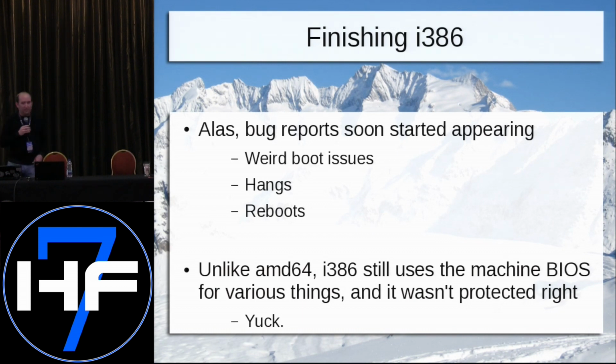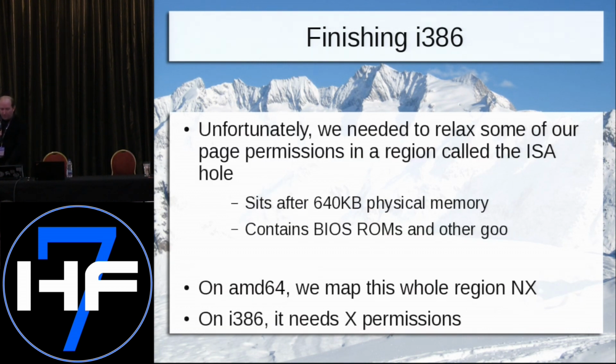So things that we had aggressively NXified all of a sudden needed to be executable. That meant that we had to go and remove some of those permissions, which is unfortunate, but life's tough. Those things that we had to relax sat in a region of memory called the ISA hole. The ISA hole is memory that goes after 640K and goes up to 1 meg. The machine will put BIOS ROMs there and the VGA scroll buffer and stuff.